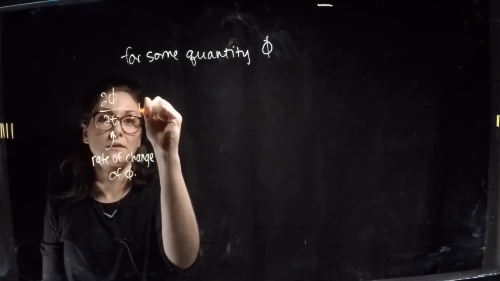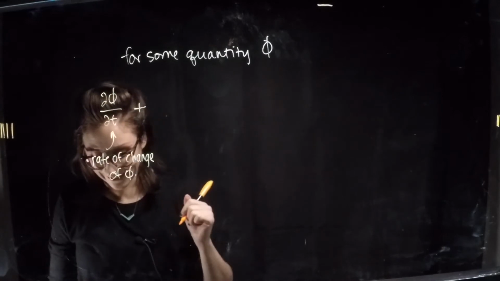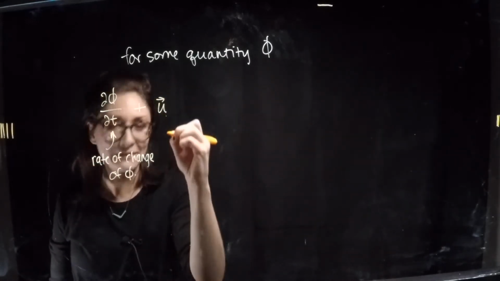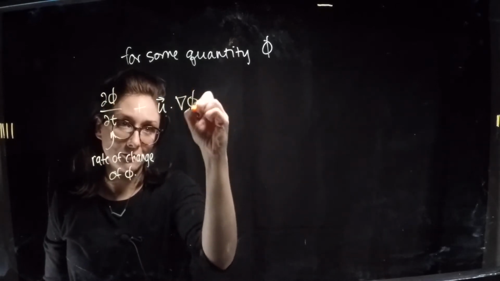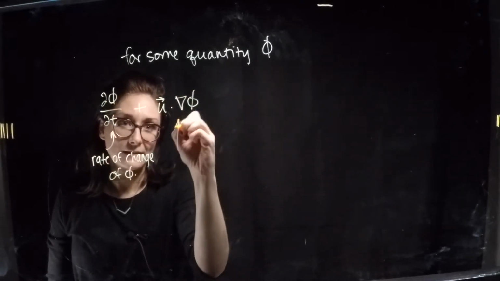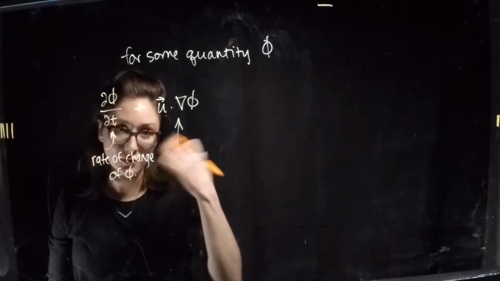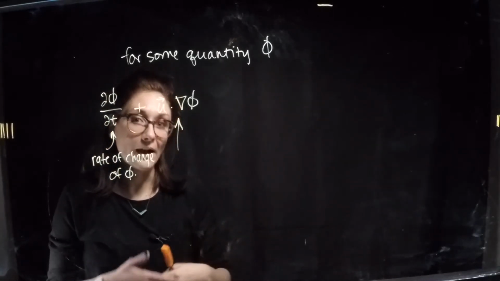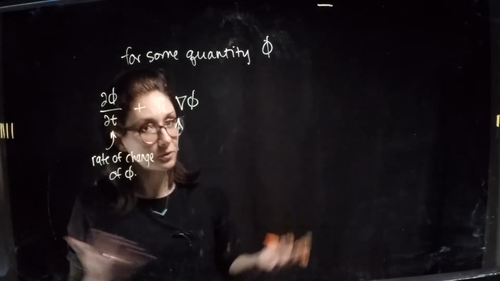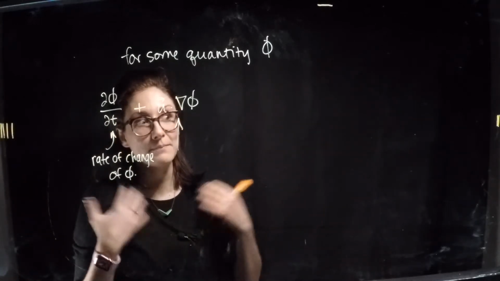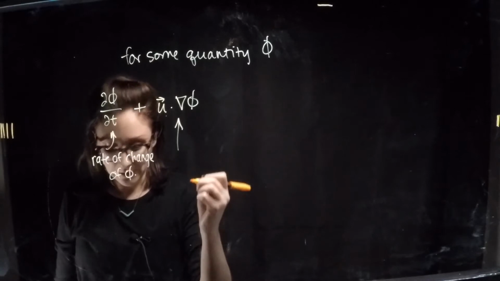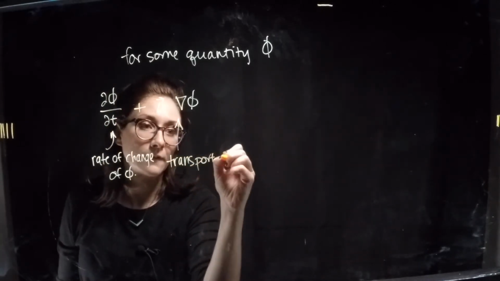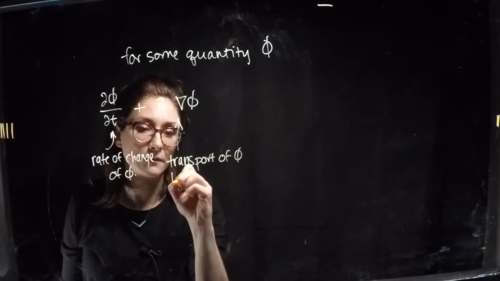The next term that we have is our velocity vector dotted with the gradient of phi. And this gives us the transport of phi through the mechanism of convection. So how is phi changing as the fluid is carrying it along by means of it moving? All right, so this is transport of phi by convection.